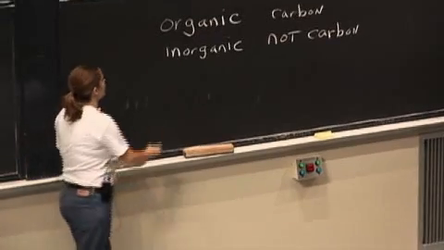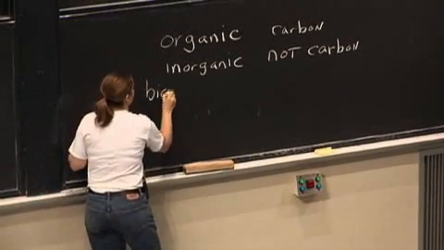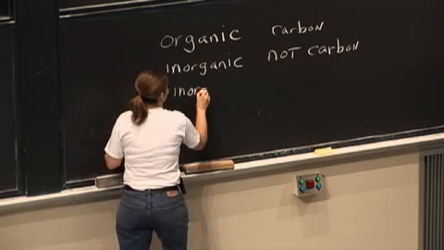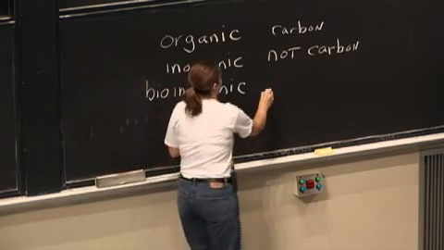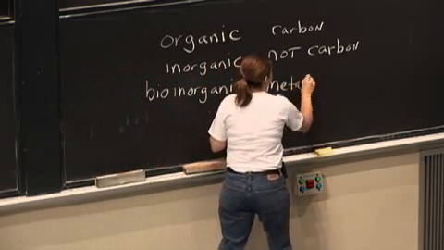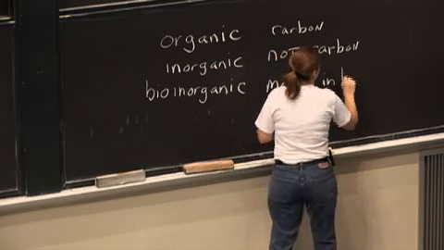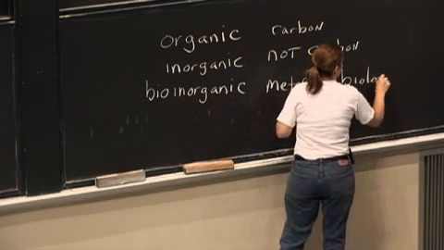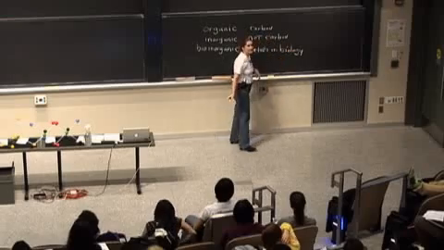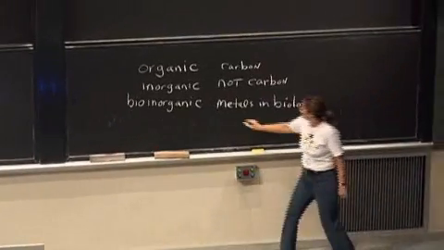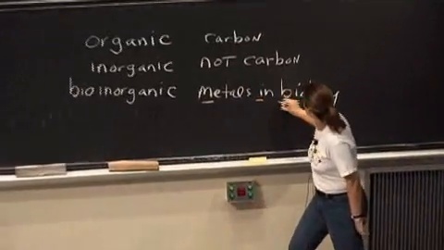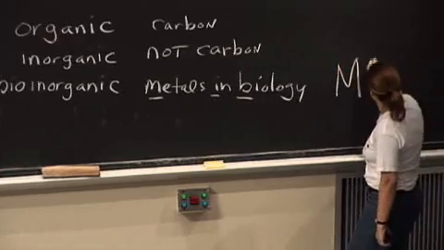And then one of the areas that I like is bio-inorganic chemistry. And these are people who study metals in biology. We're sort of in a club, which we call the MIB.